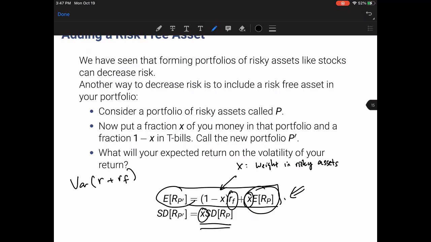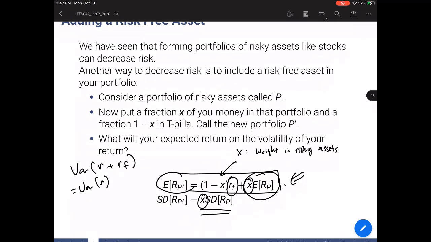Rf is constant. That's just going to give us the variance of r, because rf is a constant, so it doesn't matter when it comes to calculating the variance. Now, let's see what our portfolio looks like visually.